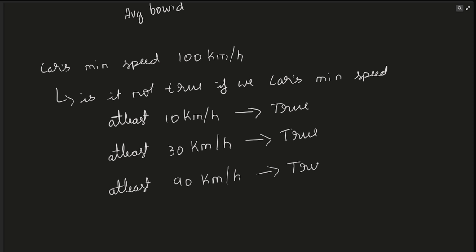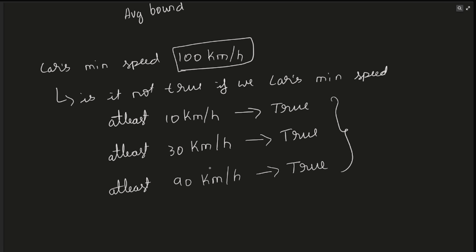Yes, even this statement is also true. In this case, all these three statements are true, but the 100 kilometer per hour statement is the only useful one, and that is the tightest lower bound for the car's minimum speed, meaning the highest lower bound for the car's minimum speed.